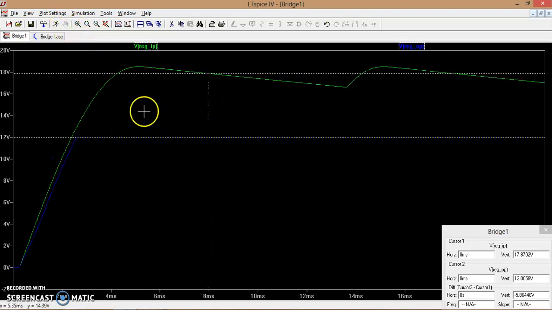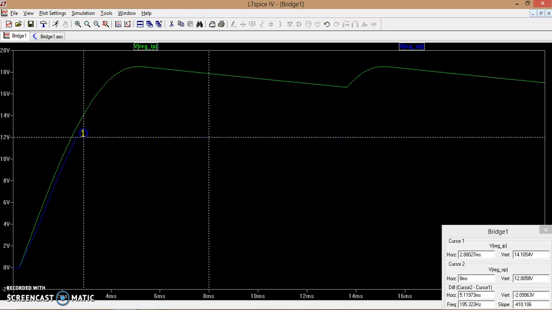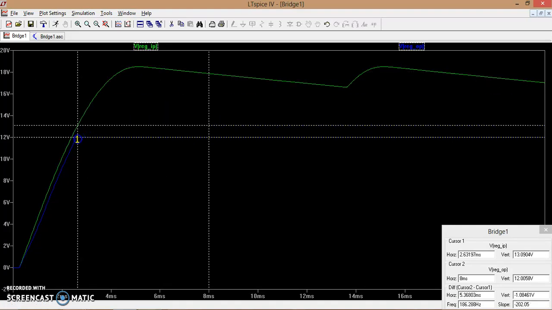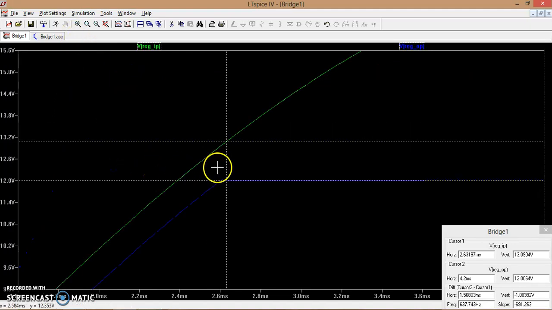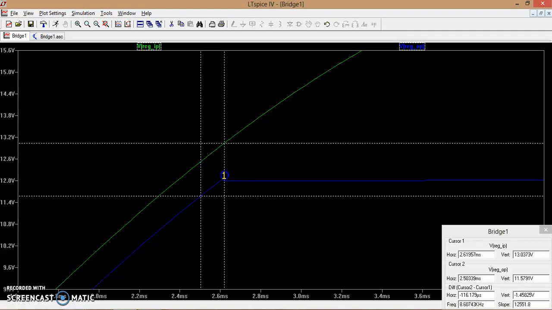This says when the input voltage is more than the minimum voltage. We can actually find what is the minimum voltage required to get a proper regulation. For that, I can just move this cursor over here. Whenever this becomes constant, maybe over here, let me zoom this portion. From this, we can clearly make out this is the point where the output voltage is constant. What is the corresponding input voltage?